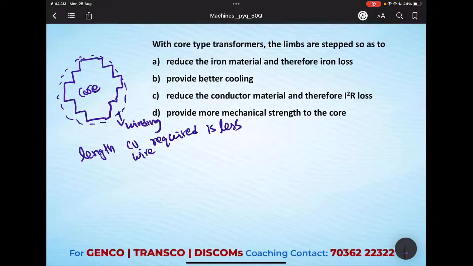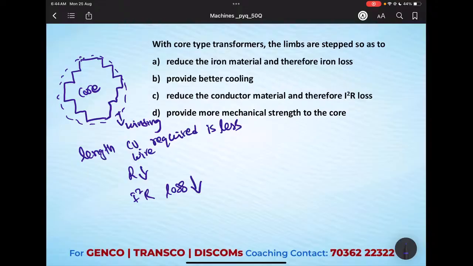If length is reduced, resistance is also going to reduce. Then I square R loss is also going to be reduced. In order to reduce some amount of copper losses, we are going to use the stepped core in the transformer core. Okay, let's see the different options.